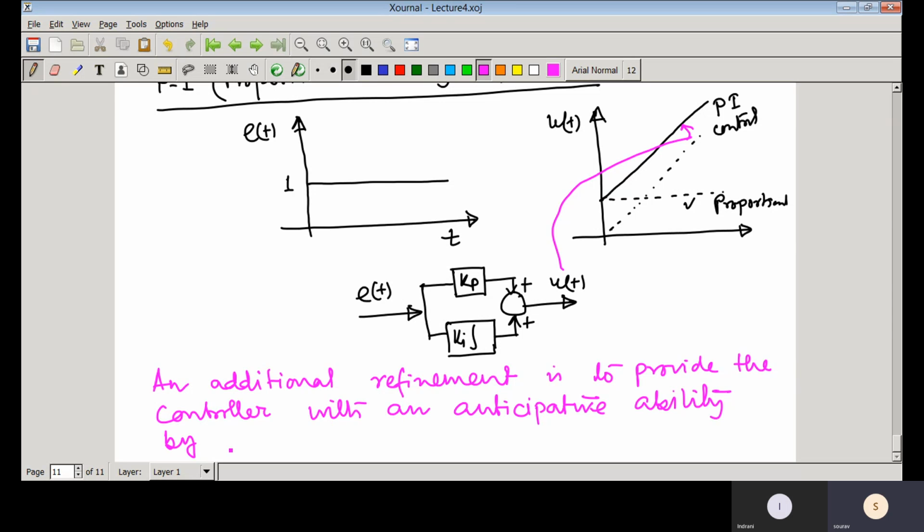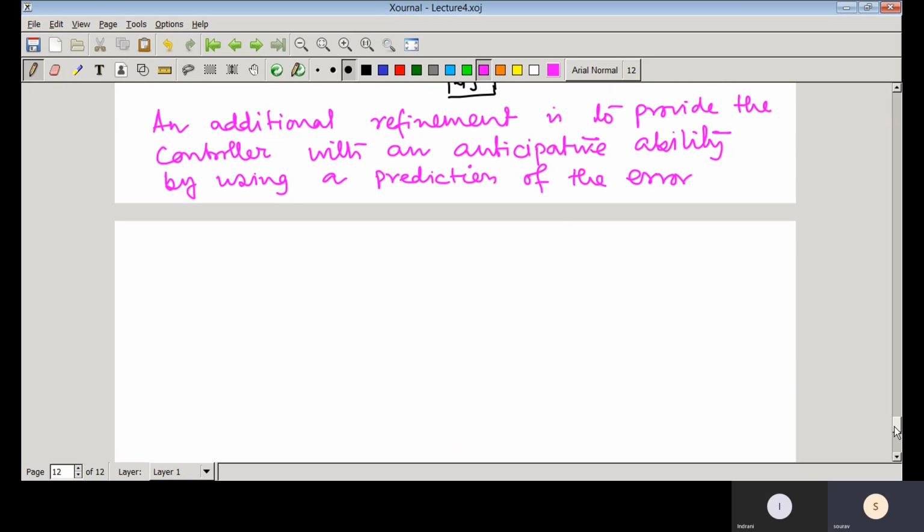So by using a prediction of the error, so that is e(t plus Td). So this is just simple derivative.